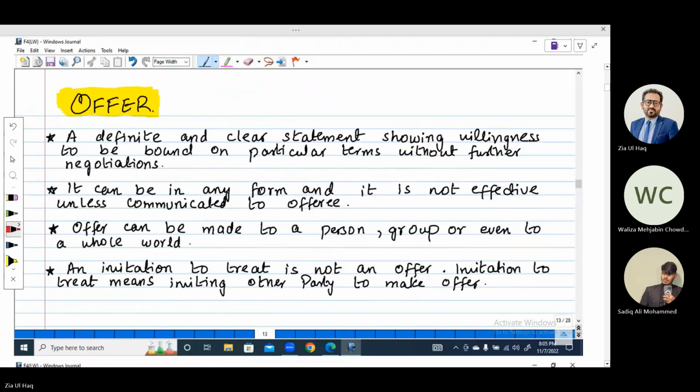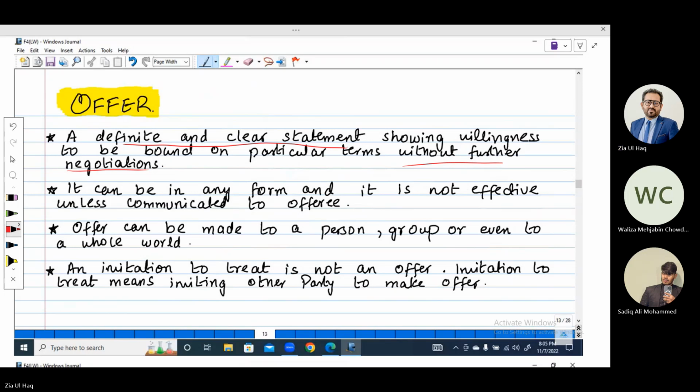Offer: a definite and clear statement showing willingness to be bound on particular terms without further negotiation. Offer means if one party offers the other to do something, that is called an offer.